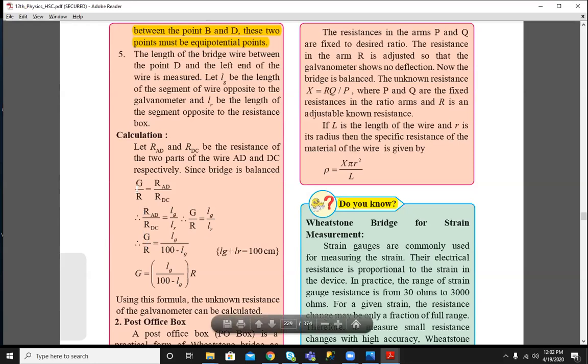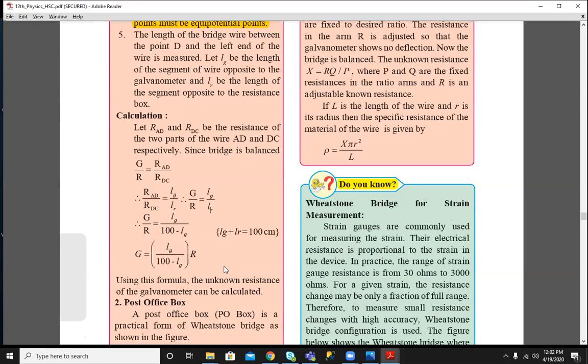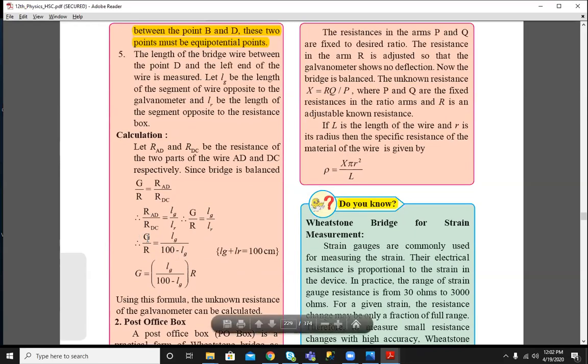The only change is X is replaced by G and the whole formula is the same. I already said this above: if we know the left hand side distance, the right hand side distance will be 100 minus the left hand side distance.